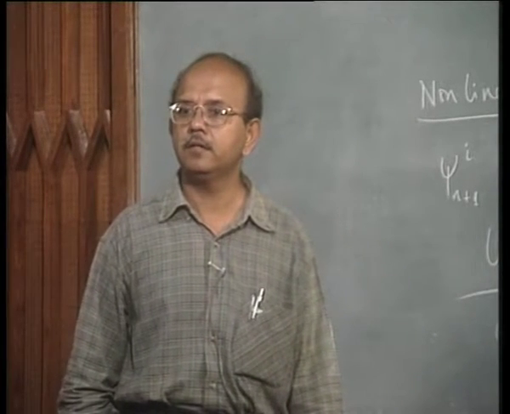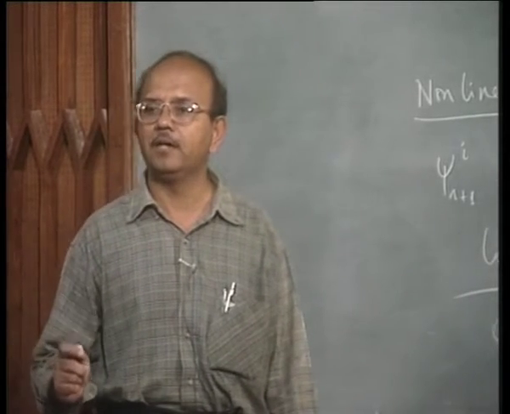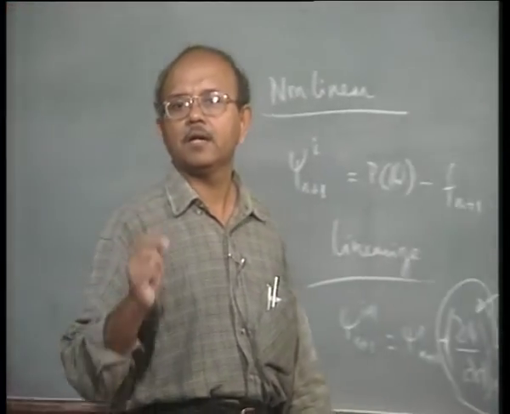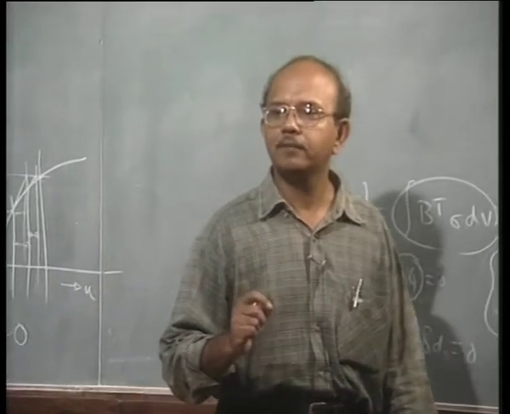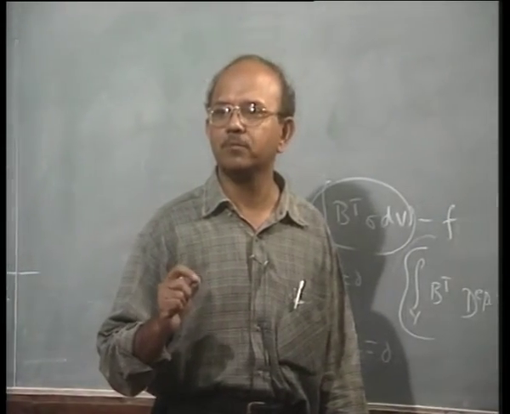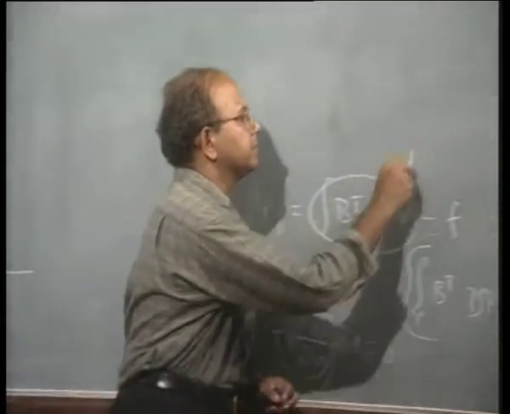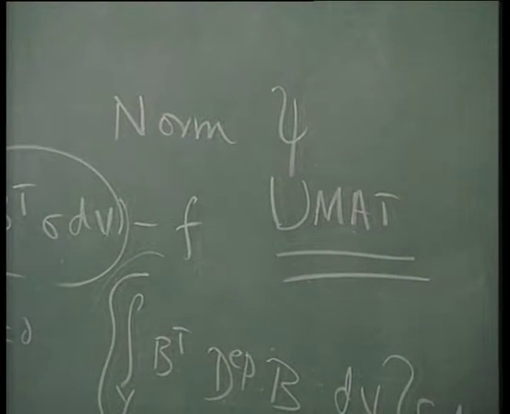Right? So we should have a method of saying that convergence has been achieved. How do you do that? It's very simple. You take what is called the norm of psi, this vector.